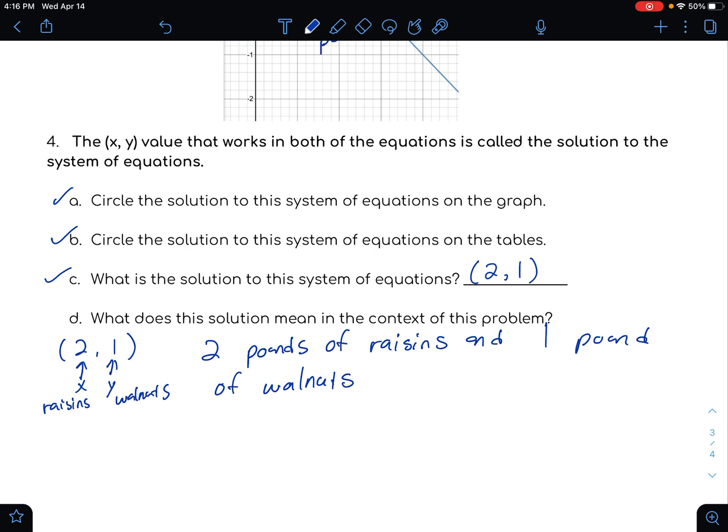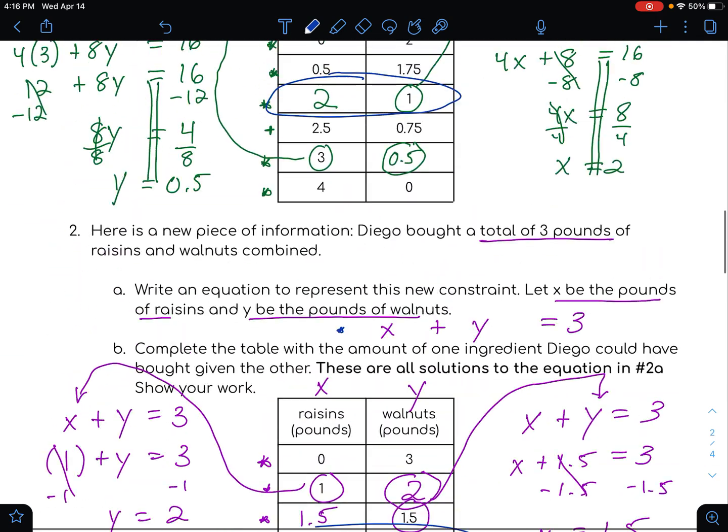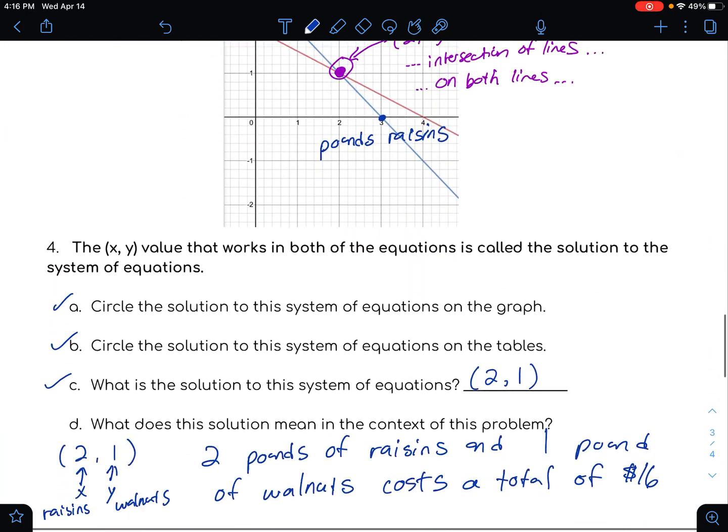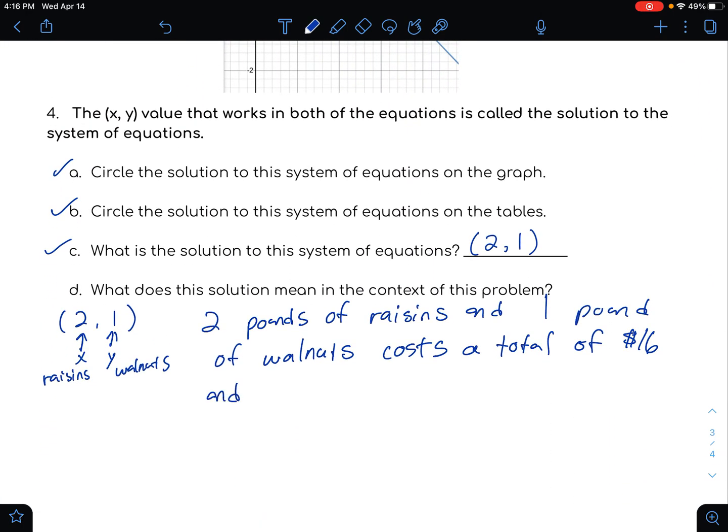And what made that work? It costs a total of $16, because remember that was our first equation that we had up here, that they had to add up to $16. So we know that that works for that. And also it weighs exactly 3 pounds.